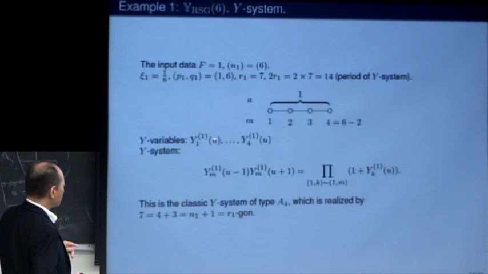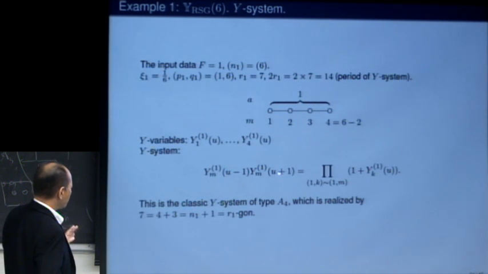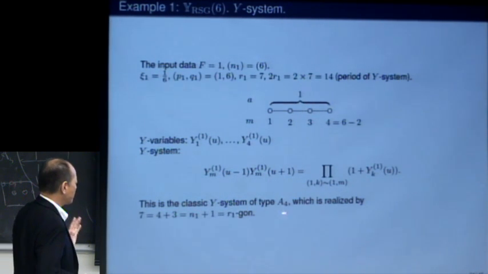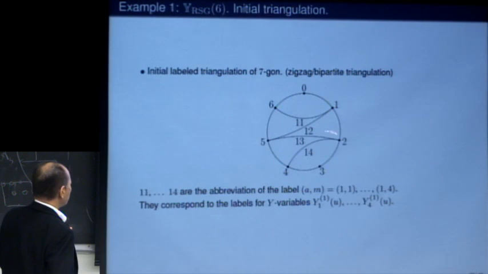We have 4 variables, and this is the relation of the Y system. This is the classic Y system of type A4, which is realized by a 7-gon. In the 7-gon, we take the following initial labeled triangulation. It is just a zigzag triangulation. We give the labels 1, 1, 1, 2, 1, 3, 1, 4, which correspond to the labels of the corresponding Y variables.